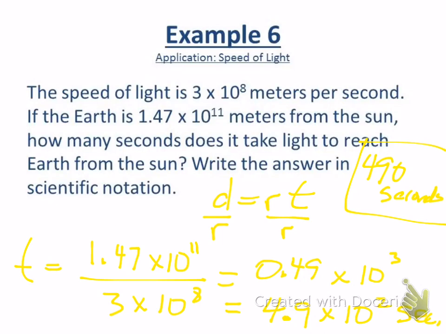That's pretty fast, really. So considering that it's 1.47 with 11, move the decimal 11 places, 147 billion meters. Light's pretty fast. Okay? All right, so no homework on this, but make sure you understand the concept.